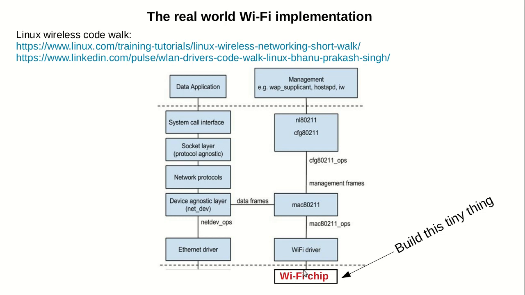And meanwhile, after you build the chip, you also need to release a Wi-Fi driver. Then after that, all the rest of the work, you just reuse Linux. Linux has defined all the APIs, the MAC 802.11 operations, and your Wi-Fi driver only needs to implement those APIs. Then Linux will handle all the rest.